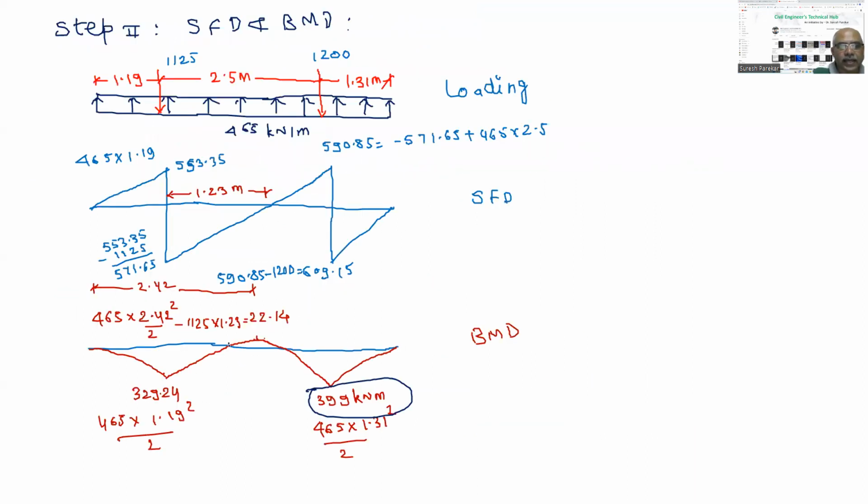So here you can write zero bending moment, and the first value I got is 2.11 meters. We consider this as X, and then 465x square by 2 minus 1125 into x minus 1.19 equal to 0, and we will get 2.11 meter.